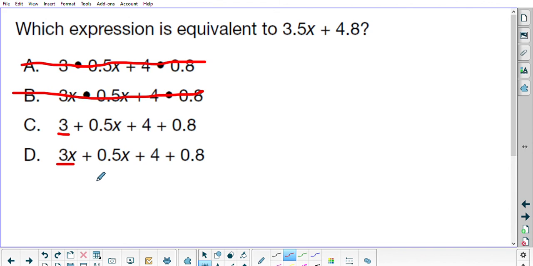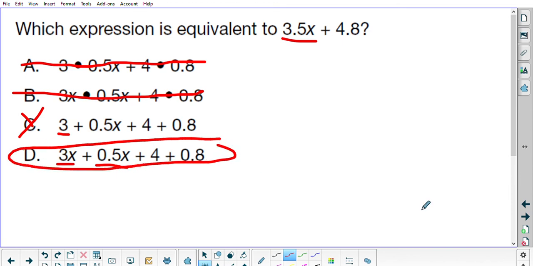Think like terms. 3x plus 0.5x would make 3.5x. You cannot add 3 to a 0.5x when the 3 does not have an x. This is why choice C is no good. It is choice D that is the correct answer to this problem. Oh, and 4 plus 0.8 is 4.8. I should have mentioned that as well.